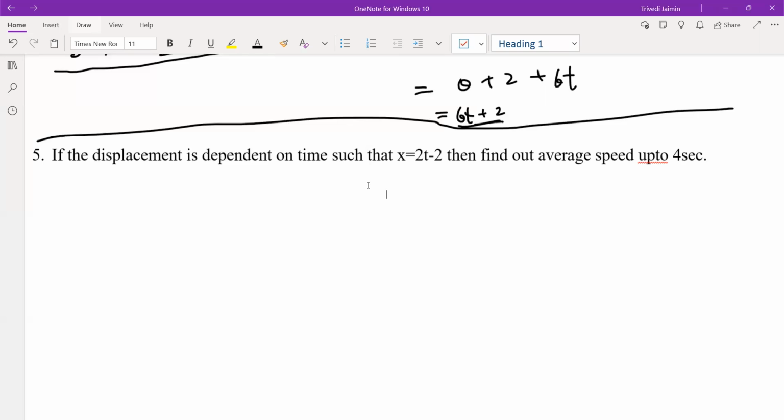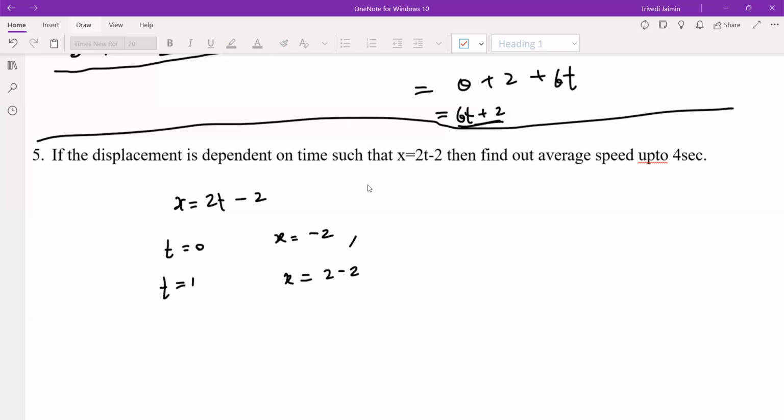So now, let's see. If I substitute in x equals 2t minus 2, t equals 0, then x will be minus 2. That's what you said, correct. If I substitute t equals 1, x equals 2 minus 2, which is 0. That's it, stop.